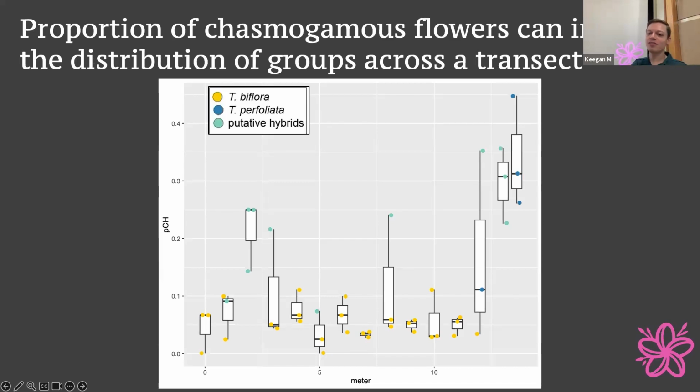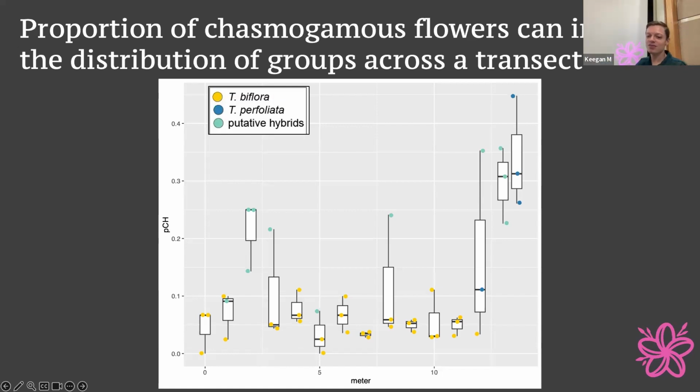So you may be wondering what these data look like across an individual hybrid zone, and it's pretty cool. So I'm using one transect from Tennessee as an example here. Results in the individual transects reflect the overall pattern, which was found in the original overall bar graph.